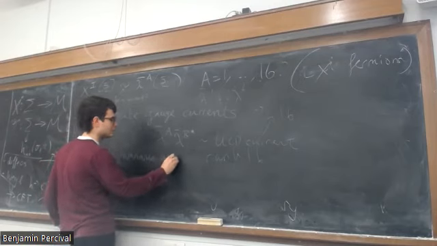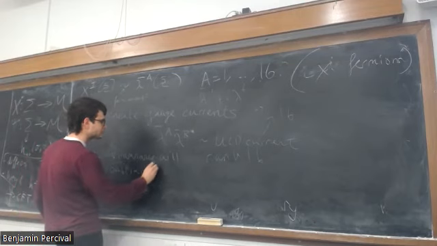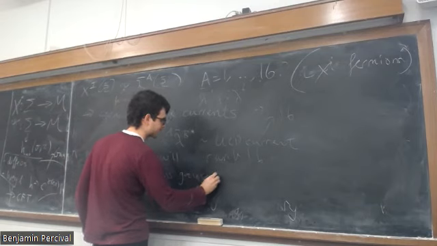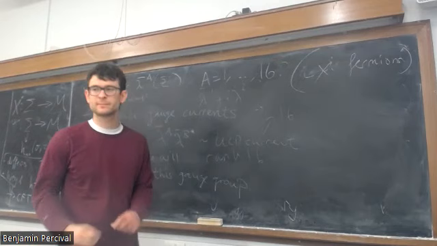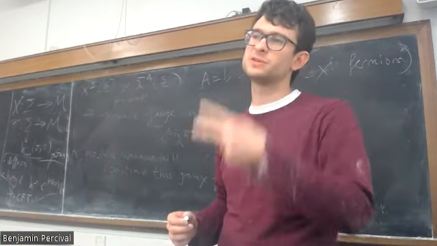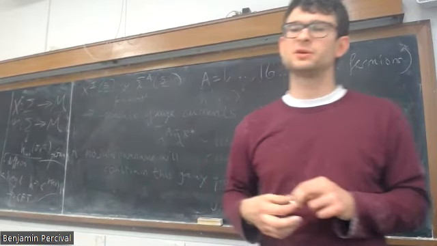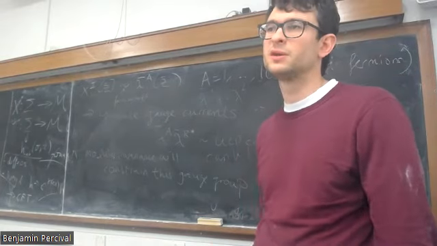It will constrain this gauge group. And we'll find that we only really get essentially 2 choices where we keep N equals 1 supersymmetry. These groups will have rank 16.